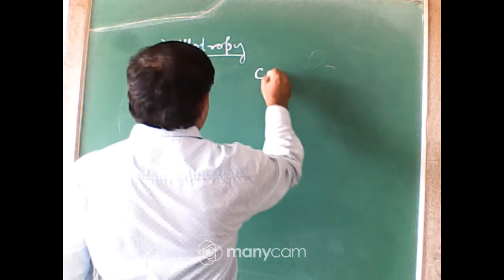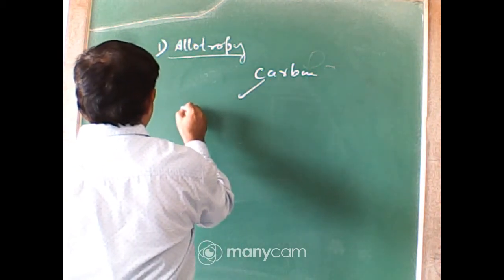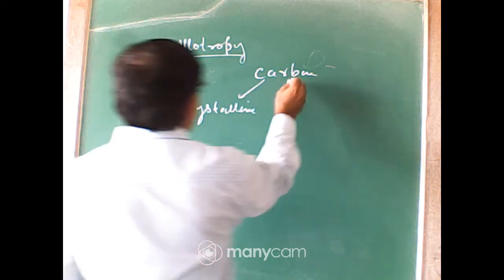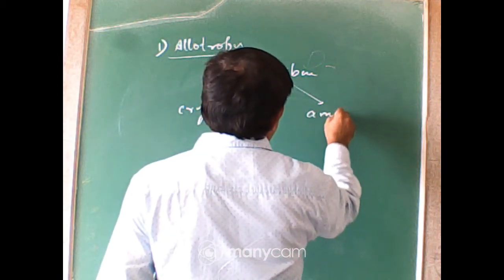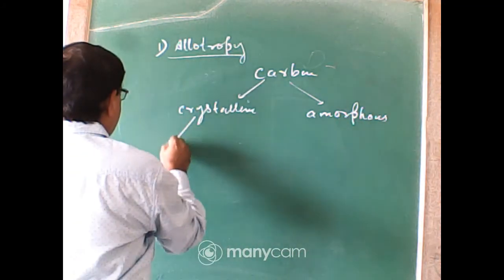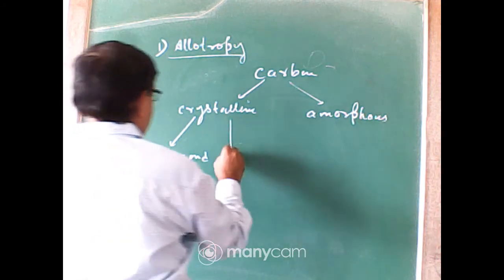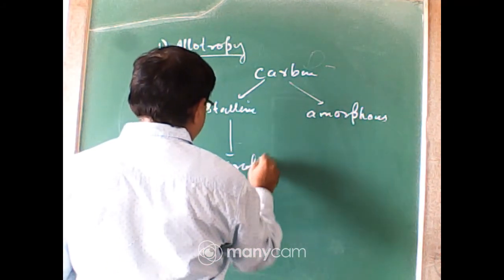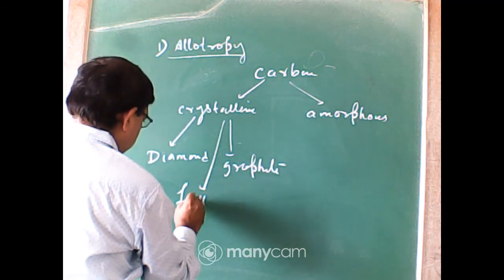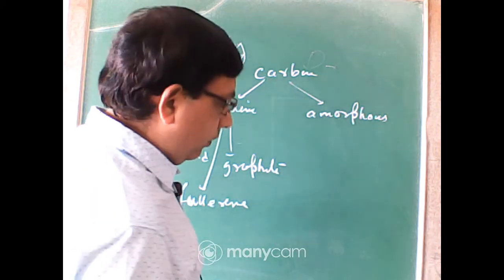Carbon has two main allotropes. One is called crystalline allotrope, another is called amorphous allotrope. Crystalline allotropes are again of three types: diamond, graphite, and fullerene.